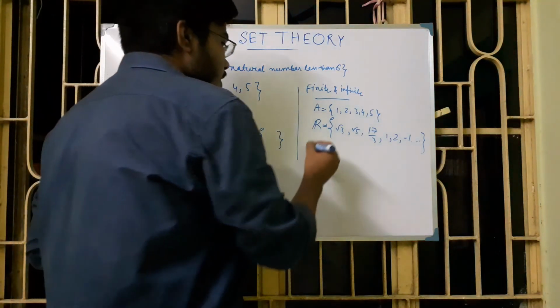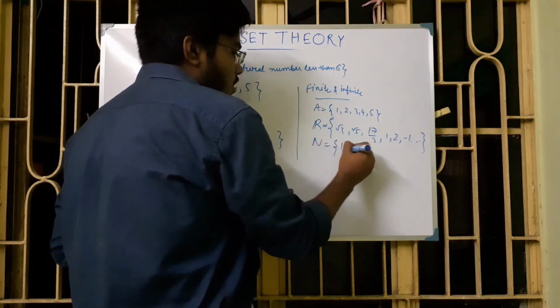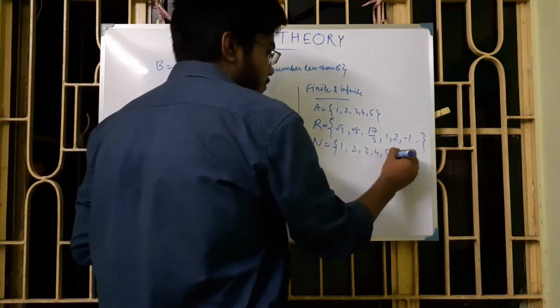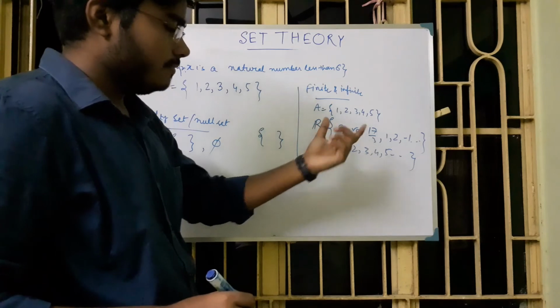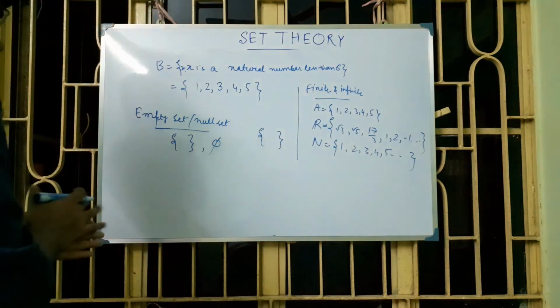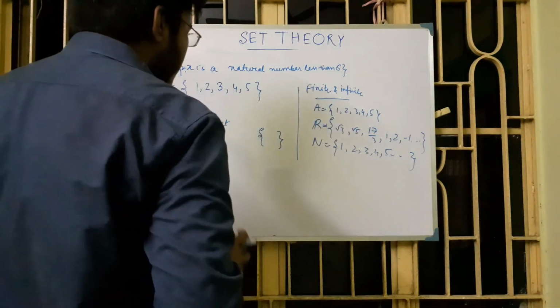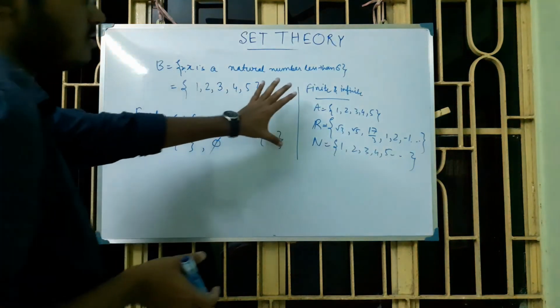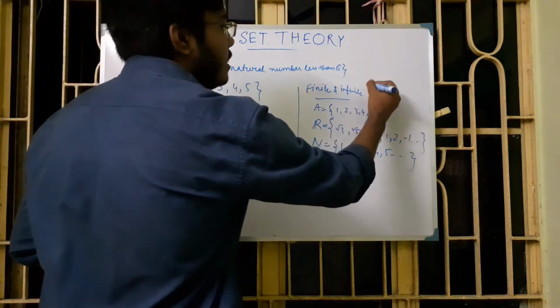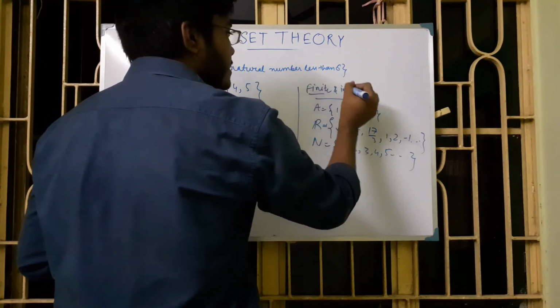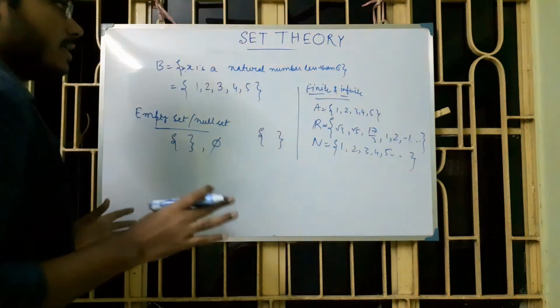Natural numbers 1, 2, 3, 4, 5, infinity. These are infinite sets and these are finite sets. So this is the difference between finite set and infinite set. Nothing to worry about this, it is very much easy. You just have to remember what is finite set and what is infinite set.